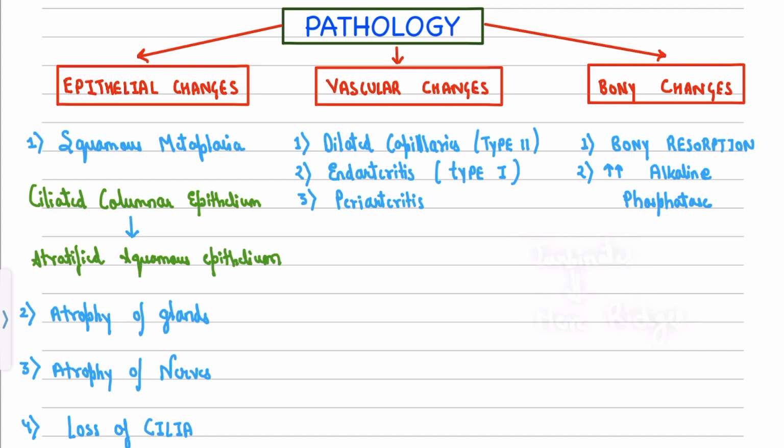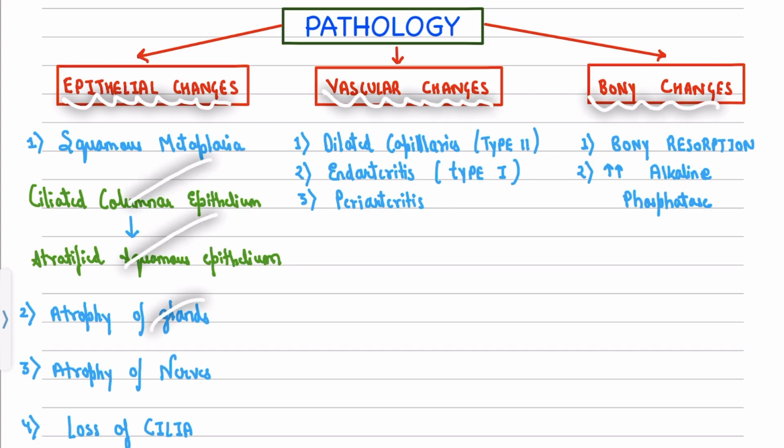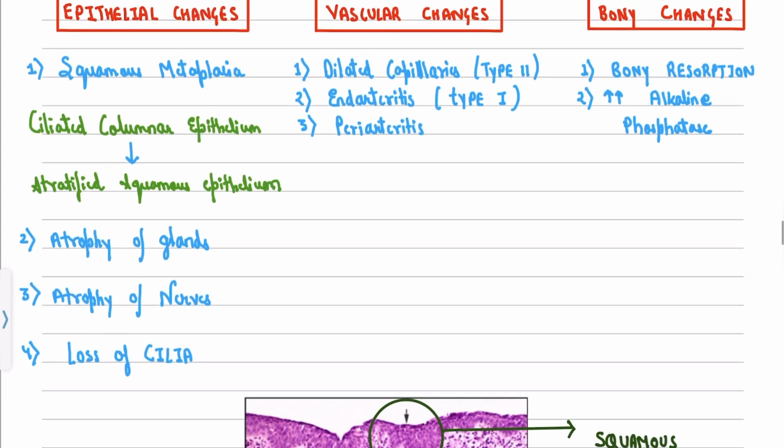The turbinates become so small and petite that they appear like small ridges in the nasal cavity. Because of bony resorption, there is increased serum alkaline phosphatase. So pathology includes epithelial changes, vascular changes, and bony changes. All of the following points are highly important and you have to remember everything by heart.